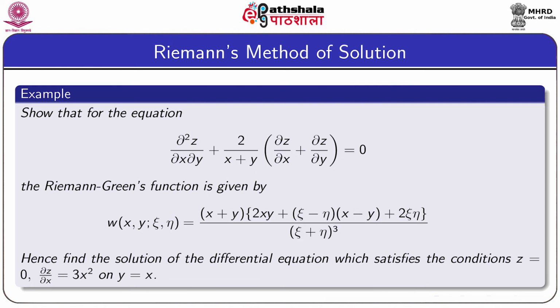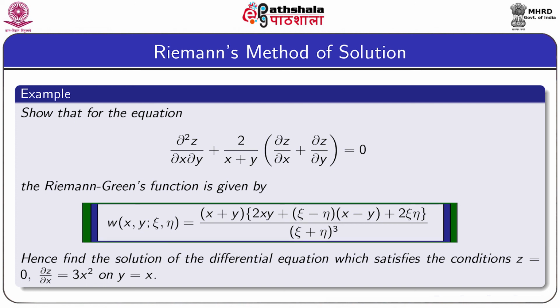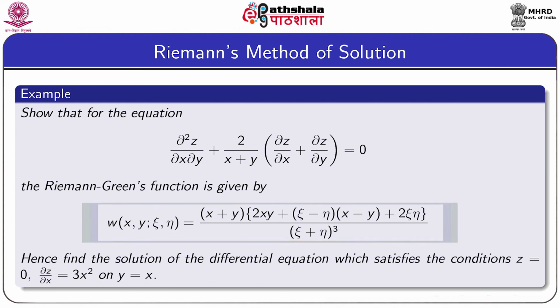Now, we take one example to show how the Green's function helps to find the solution of a given hyperbolic equation. Take this example, and it is given that the Green's function w for this equation is (x plus y)(2xy plus (xi minus eta)(x minus y) plus 2 xi eta) divided by (xi plus eta) whole cube.